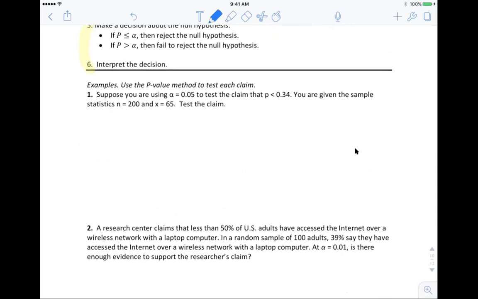So the first thing you're going to do is, like always, state your H0 and HA. The claim is p less than 0.34, the proportion less than 0.34. And since that's less than, it's a left-tailed test. So all this stuff feels familiar.